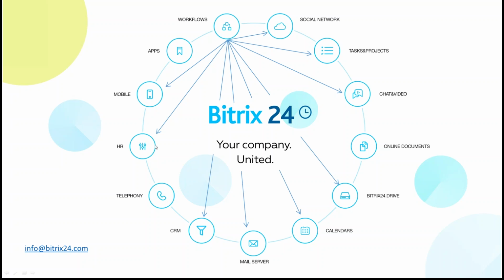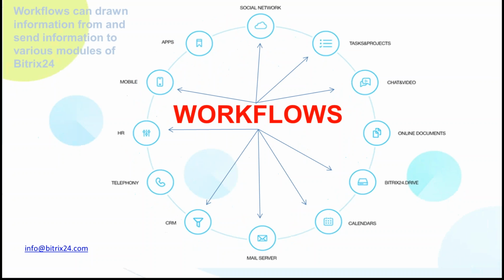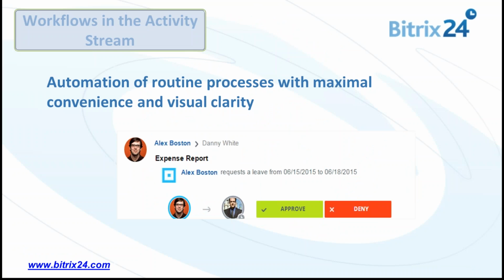HR functions. What we're going to talk about today is very much related to HR functions. You can set up a lot of HR functions in the feature that we're talking about today, which is workflows in the activity streams. So this is the automation of routine processes with maximal convenience and visual clarity.